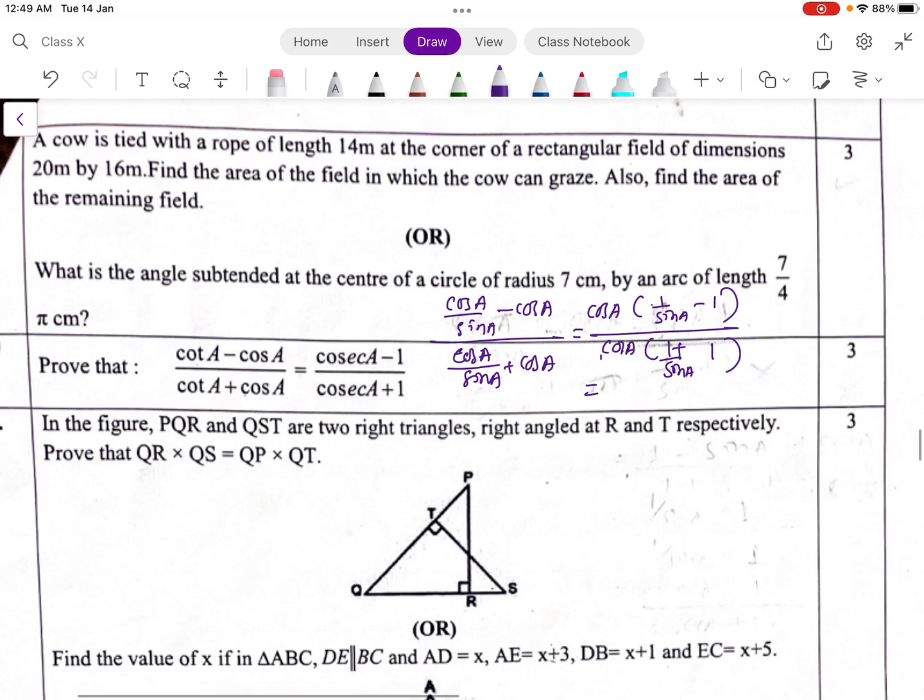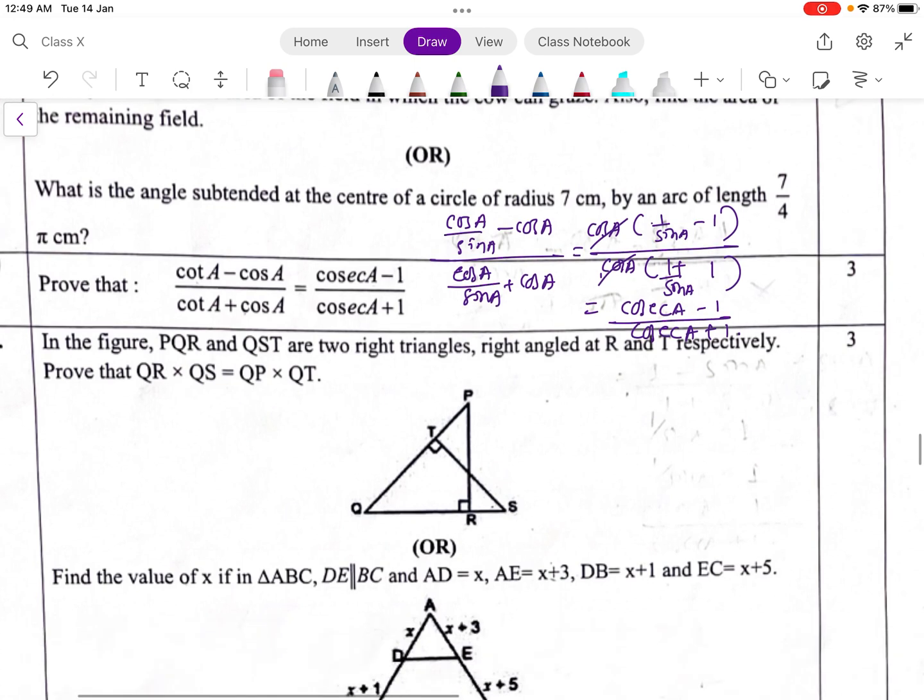Okay, so when you cancel this, what you get is cosec A minus 1 divided by cosec A plus 1. Okay, it was only this much you had to do, you would get the required RHS. So this is nothing but the RHS.